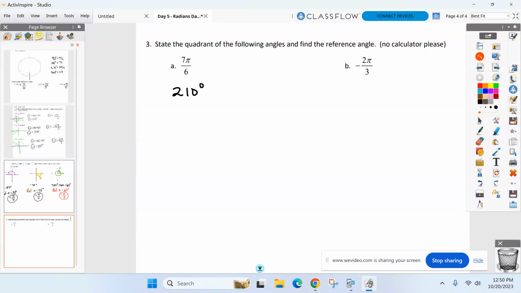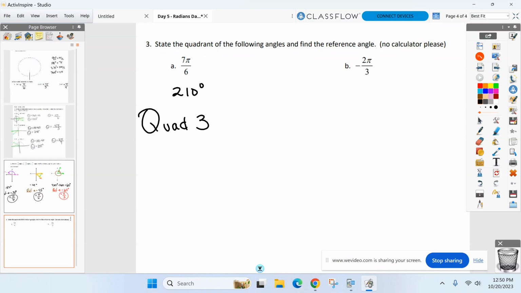All right, let's first talk. What quadrant does 210 put me in? Quadrant 3, right? And it says find the reference angle. Now we can do it old school: I could throw up a graph, put 210 and highlight the angle, or just look at the radians here.